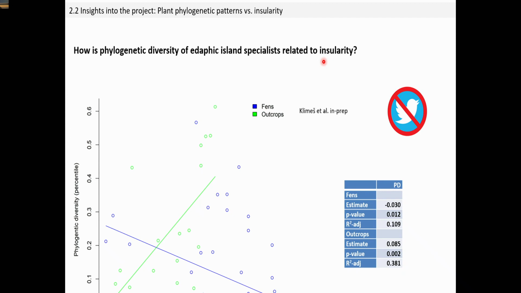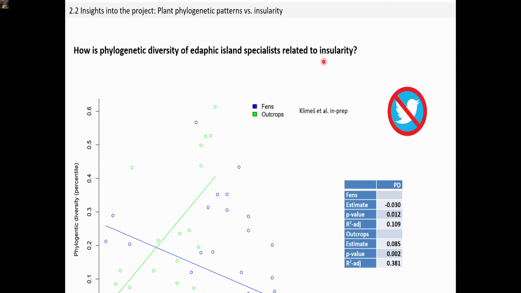Can we infer something about the age of the outcrops, which we are often considering as very young in comparison with fens, because we have no data for the outcrops? We don't know if there have been these stepping remnants for many thousands of years or even more.